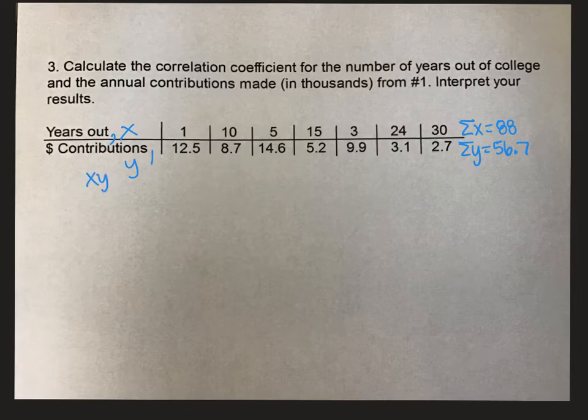Now I'm just going to add rows down here, x times y. So I'm just multiplying each data pair.